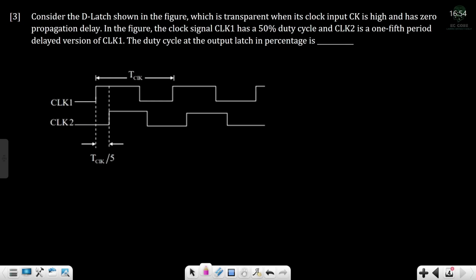And next, this is another question, also a 2017 GATE EC question. Here we are given: consider a D latch shown in the figure, which is transparent when its clock input is high. I forgot to give the diagram here, so I am drawing it for this question.